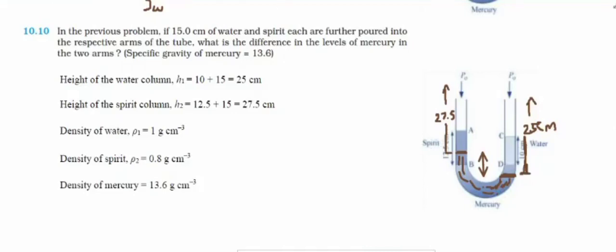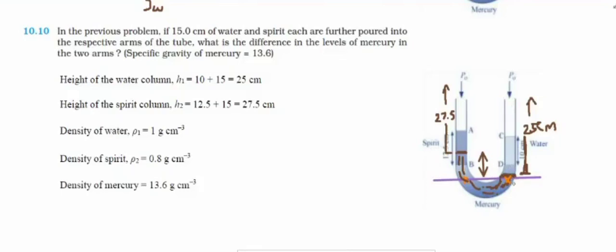Now look at the condition. In the same horizontal level, we will have the same pressure. So take this horizontal level. In this same horizontal level, pressure will be the same, which means pressure at this point is equal to pressure here. These 2 points' pressure will be the same. Now in the right arm you see it is the pressure applied by 25 centimeter of water.